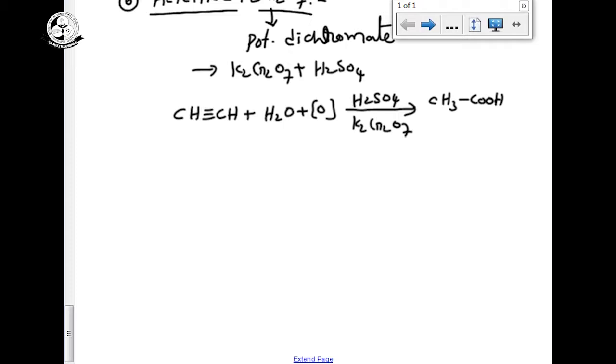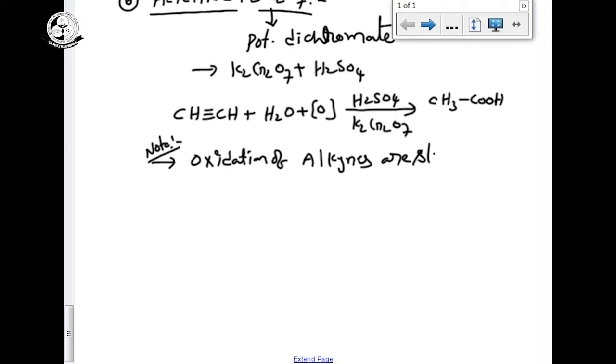Acetylene will be converted into acetic acid. One important note: oxidation of alkynes is slower than alkenes.